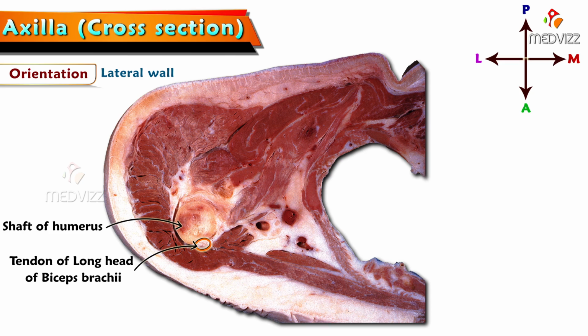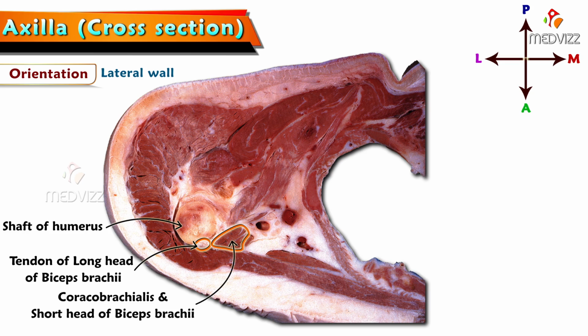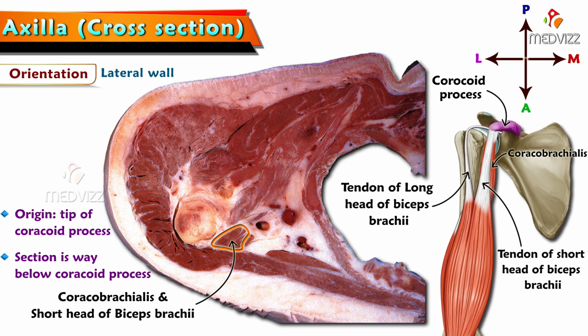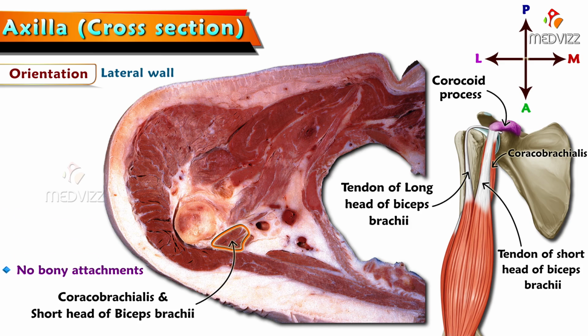We can also observe, near the tendon of the long head of biceps, a muscle formed by coracobrachialis and short head of biceps. As these two muscles originate from the tip of the coracoid process, and the present section is way below the coracoid process, they do not demonstrate any bony attachments in this section.